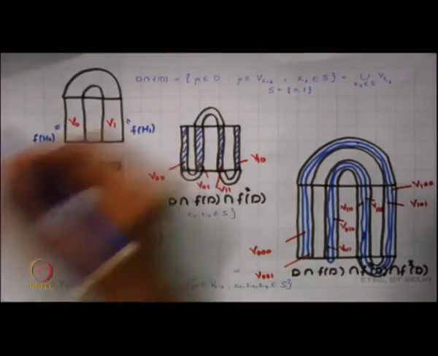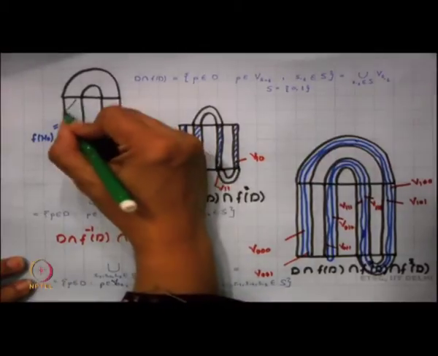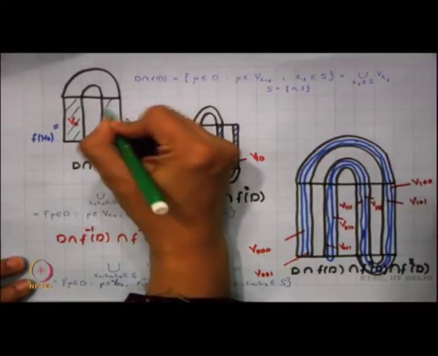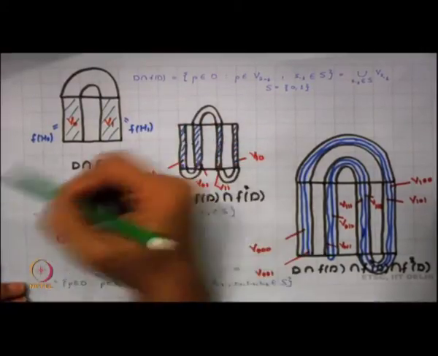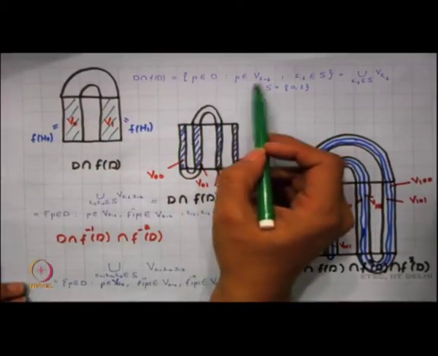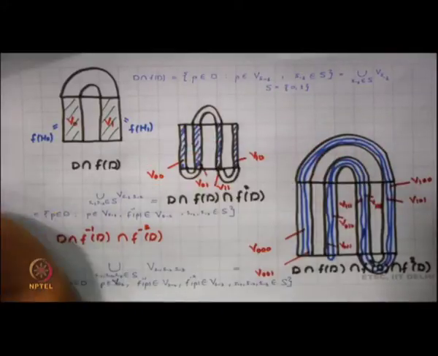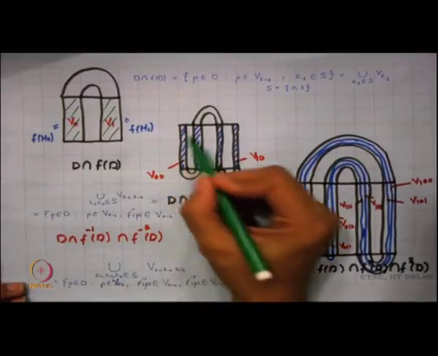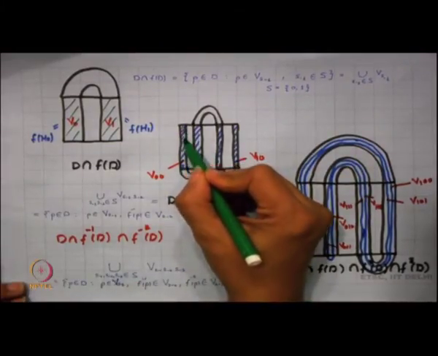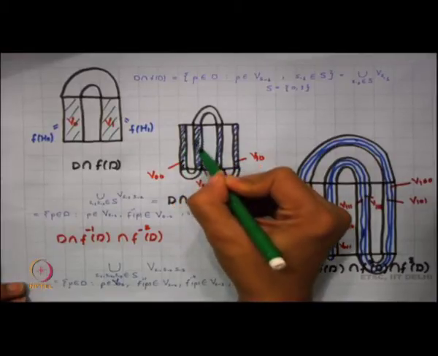Here D intersection f of D is the set of all P in D such that P belongs to V S minus 1. And D intersection f of D intersection f square D is a union of 4 vertical rectangles.